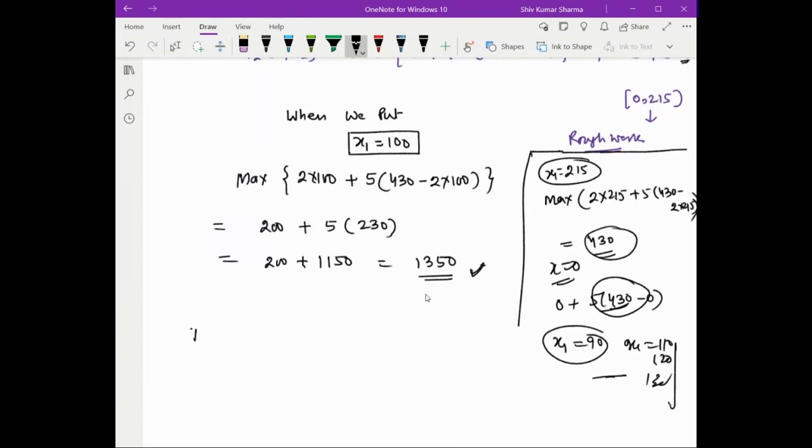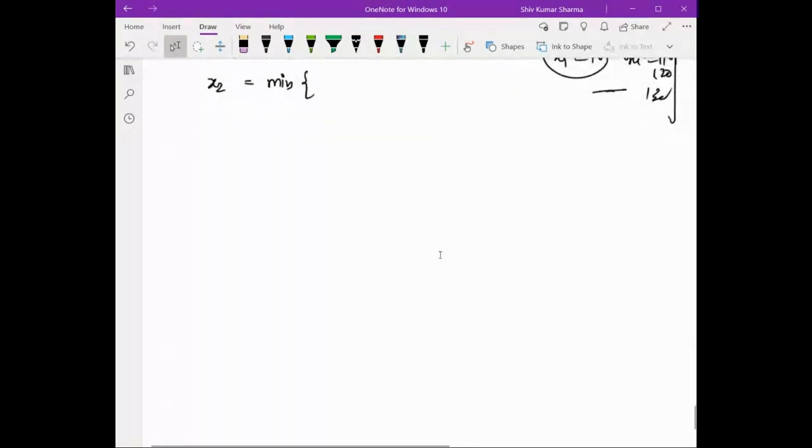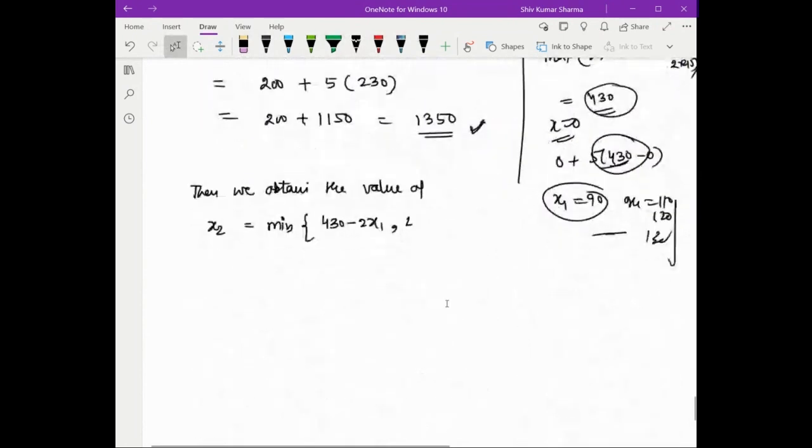So we obtain the value of x2, which is equal to the minimum of 430 minus 2x1 and the second value, 230.